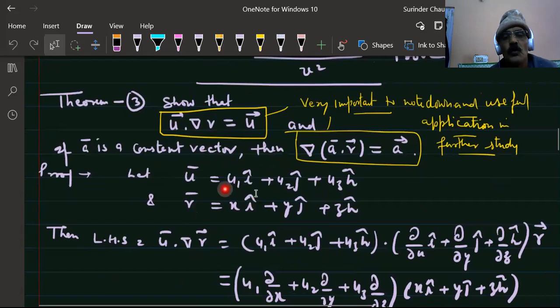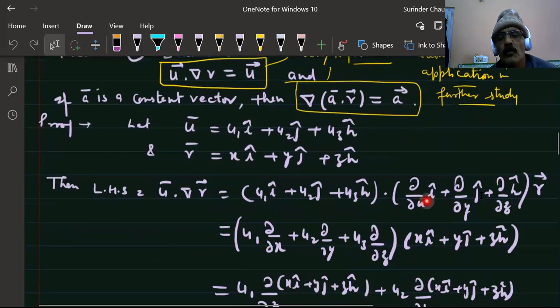Now we prove it in component form. Let u vector be equal to u1 i plus u2 j plus u3 k, a constant vector, and r vector is equal to x i plus y j plus z k. Now we take the left hand side: u vector dot gradient of r vector.